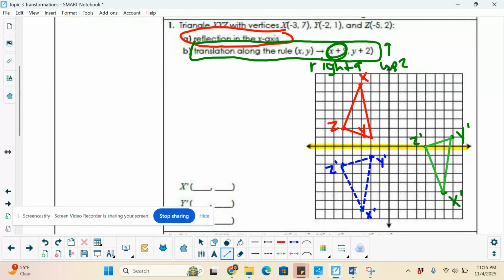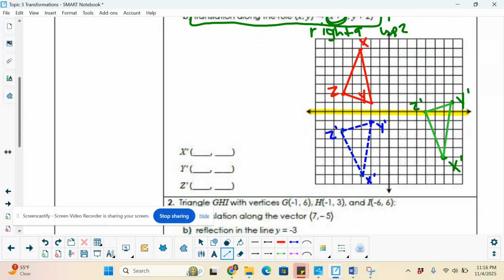All right, let's write in our coordinates for x prime. Remember, you start from the middle. So 0, 0, we're going to count over 1, 2, 3, 4, 5, 6. And count down 0, 1, 2, 3, 4, 5.